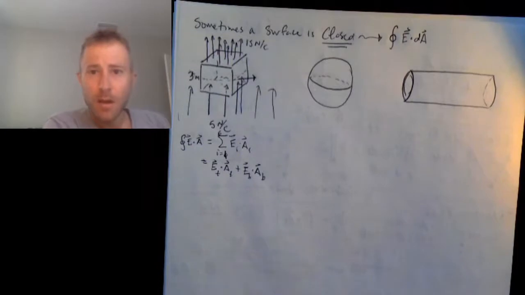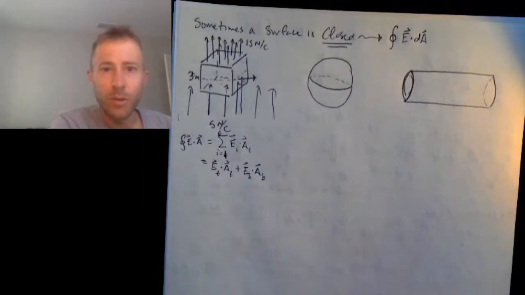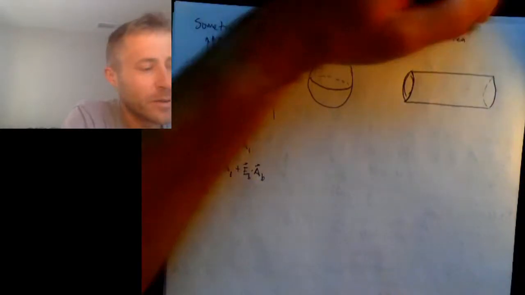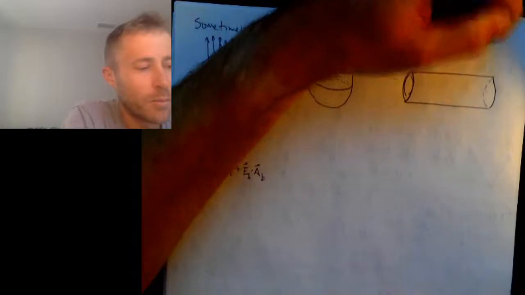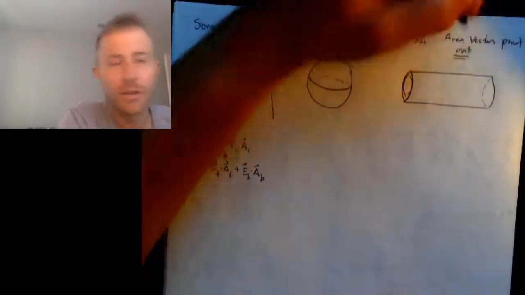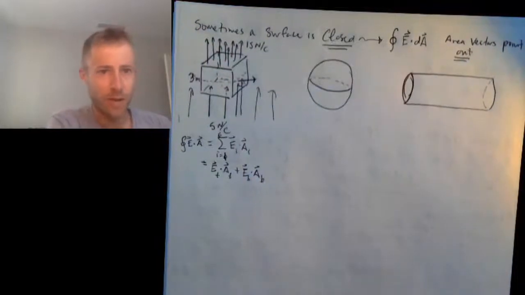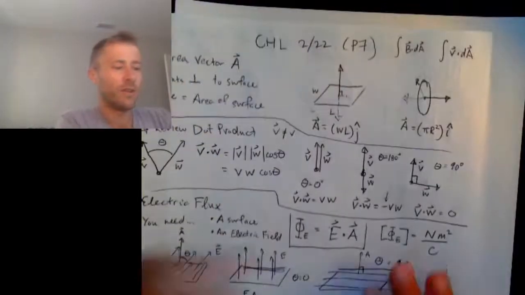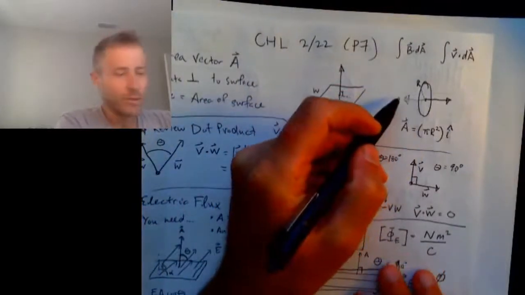Now when we have a closed surface, the area vectors point out by convention. Remember how I said back at the beginning of the lesson that you have two area vectors.